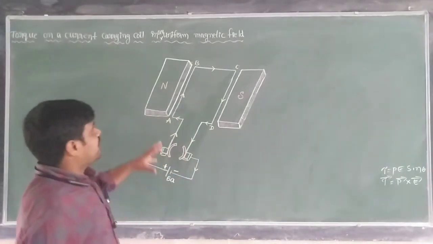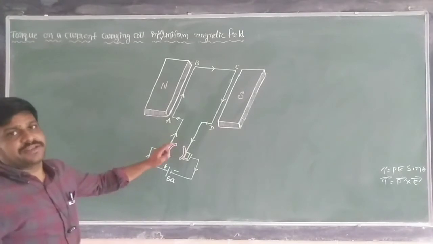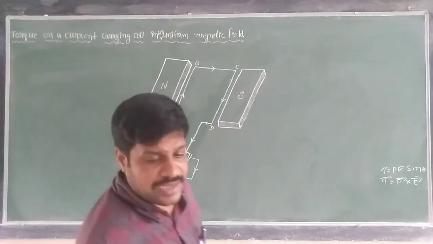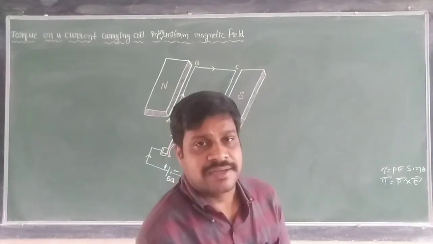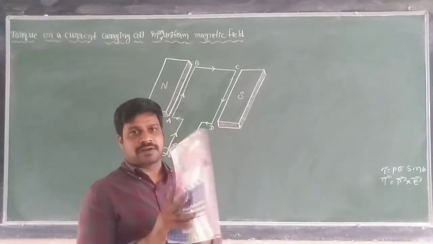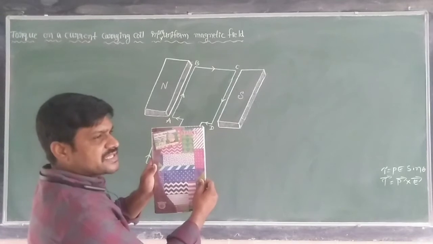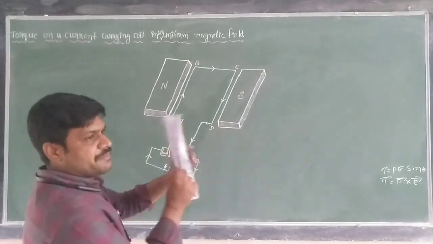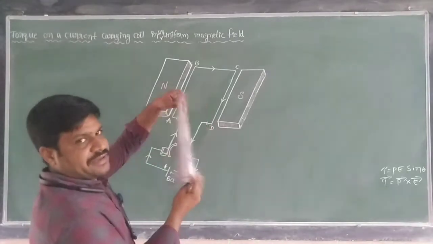Whenever a current carrying coil is placed inside a uniform magnetic field, that coil experiences a turning effect. For example, if you take a rectangular coil and place it inside a magnetic field, immediately this coil will get a rotating effect like this.